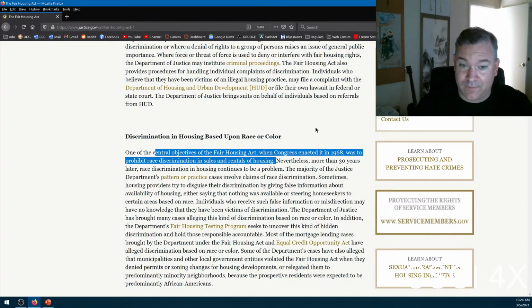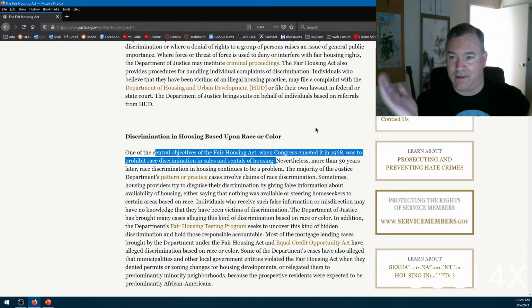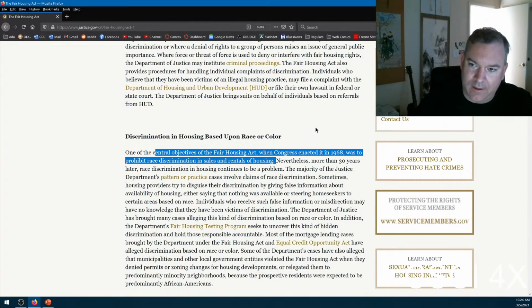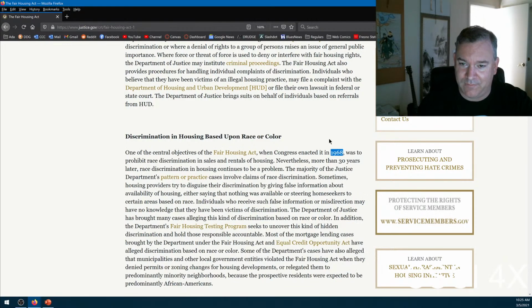That was what was done back in the day. When a developer would come into a neighborhood and build all these houses, all of them would be entailed, so you couldn't sell them to black people, and the neighborhood would be permanently white, right? She moved into one of these neighborhoods as a black family, around the time this stuff was made illegal, and suffered discrimination as a result, as you might imagine.